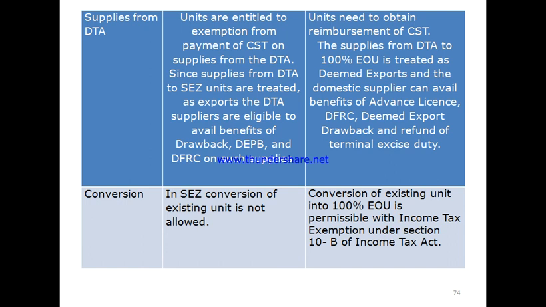Our product and our area is treated as a foreign territory, so we get that type of benefit. So you need to first identify which type of benefit is better for your business, and accordingly adopt that particular scheme. In short, you need to do a SWOT analysis before setting up any export unit.